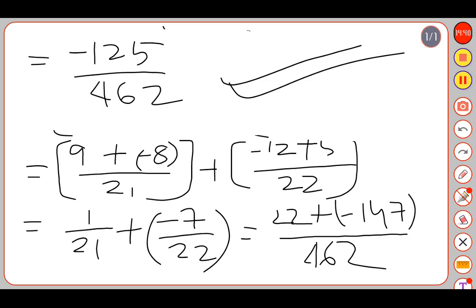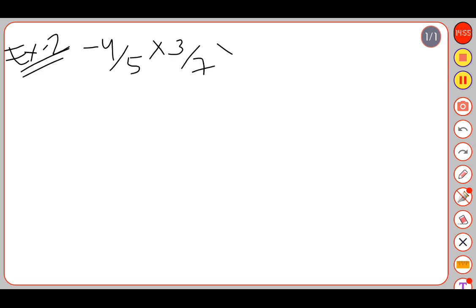Now we will come to example 2. Here, example 2: (-4/5) into (3/7) into (15/16) into (-14/9).